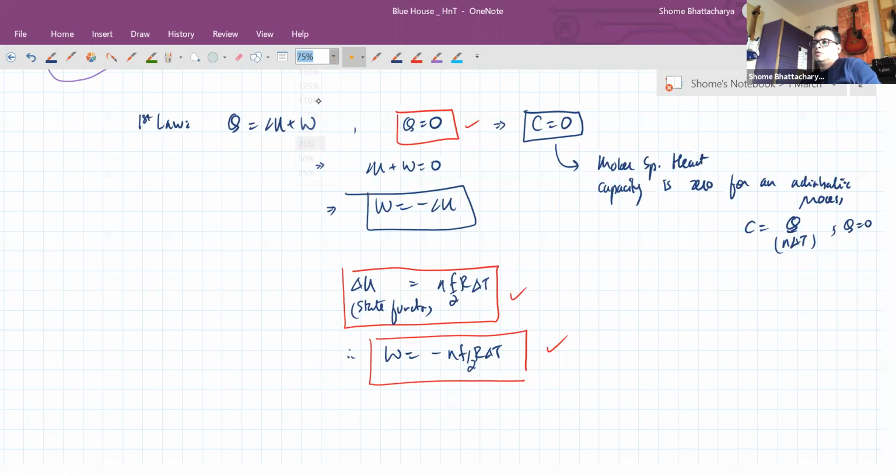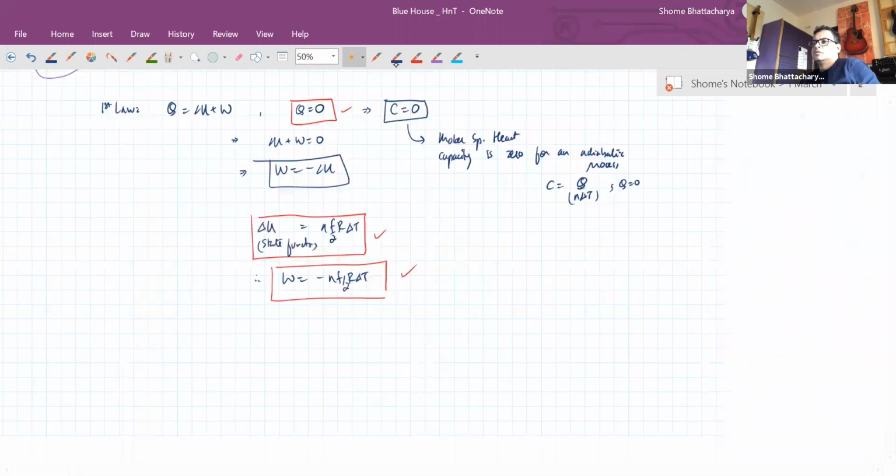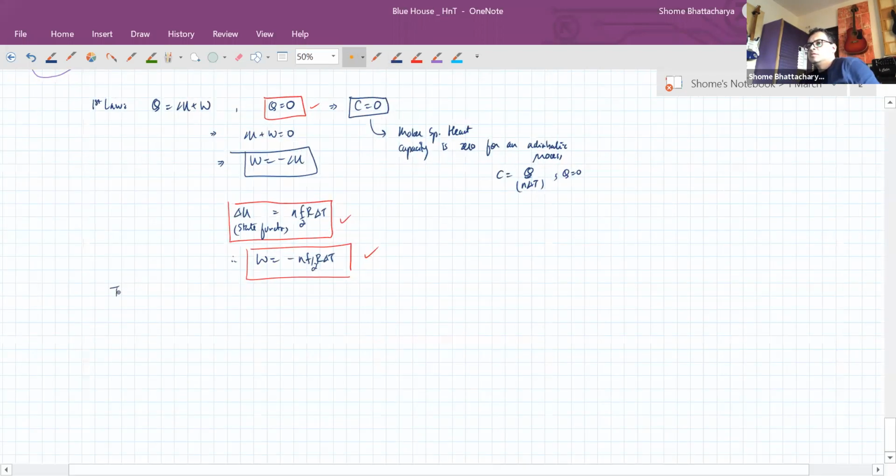Okay. Now next thing, to determine the PV graph or curve in an adiabatic process. So one is we will make use of the equation of state PV equal to nRT.